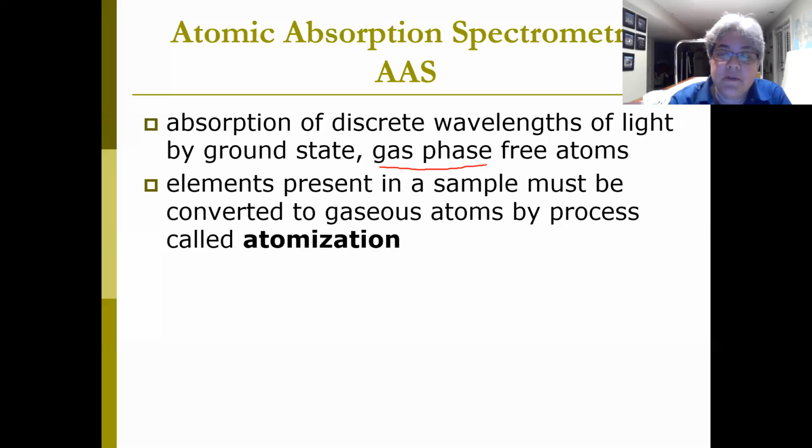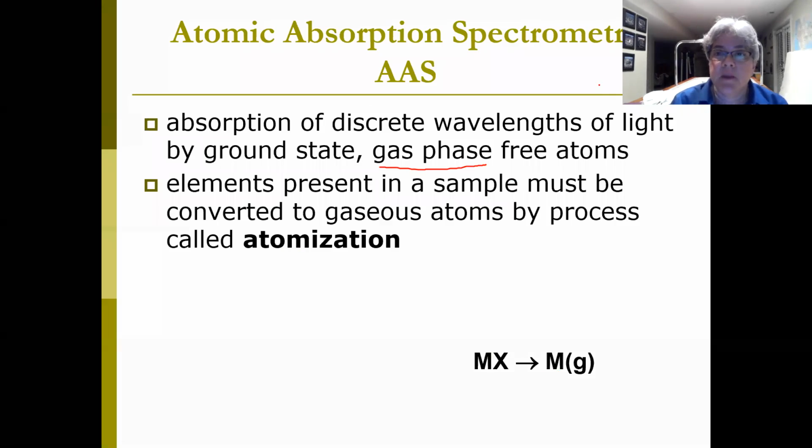To do that, we have to do a process called atomization. Atomization is the process of taking your original salt of a metal ion and converting that metal ion to a gaseous metal by itself. And we're going to talk about how we do atomization. That's much different than molecular spectroscopy, where we just put it in a solution and measure it. Here, we're going to have to turn it into an atom. So there's going to be some extra parts to this instrument.